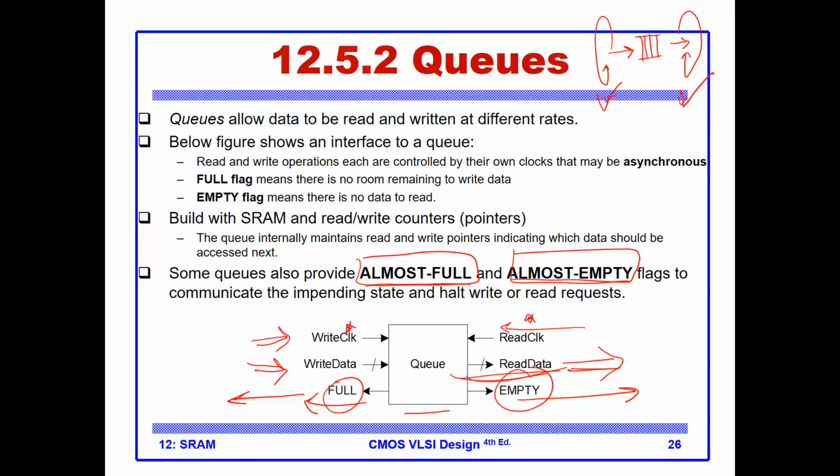It's like you are saying to the producer, slow down, slow down. I'm turning on the orange light of the traffic light here. Slow down. I will turn red very soon, which is the full signal. Similarly for the empty and almost empty. Okay, so these are also flags that help to throttle down the producer and consumer.